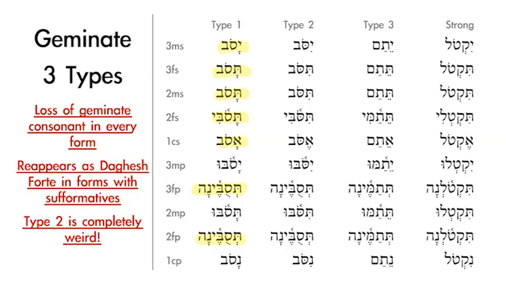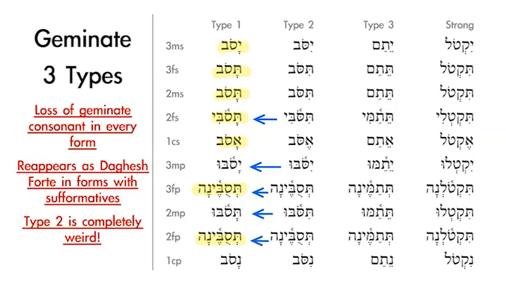You'll also see the O-class vowel between the first and second root letter. In those forms that take sufformatives, the geminate consonant will reappear as a dagesh forte, and that's a nice feature because that dagesh forte will help you to reconstruct the geminate verbal root. So in the 2FS, in the 3MP, in the 3FP, the 2MP, and the 2FP, the geminate consonant has reappeared as a dagesh forte.